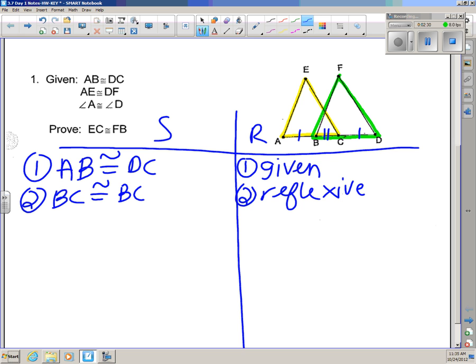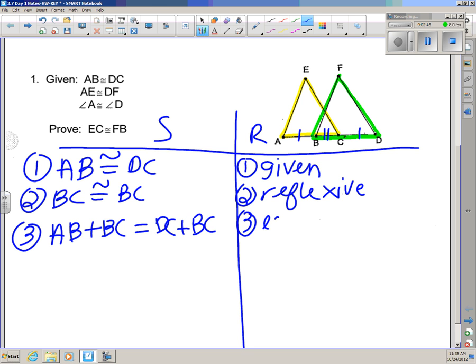Now we're going to do some segment addition. Usually we do subtraction. This time we're doing addition. So we're going to take the two left pieces, AB plus BC, equal to the two right sides, DC plus BC. And this would be equals added to equals are equal.